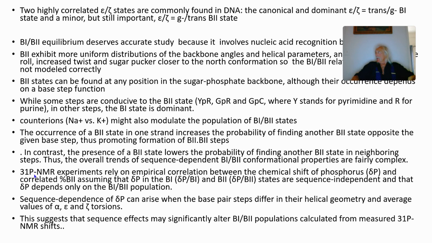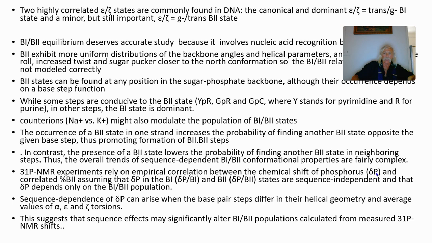Now, if you use P31 NMR, nuclear magnetic resonance, that particular method of analysis, you're going to rely on an empirical correlation between the chemical shift of the phosphorus, that's going to be the delta P, right?